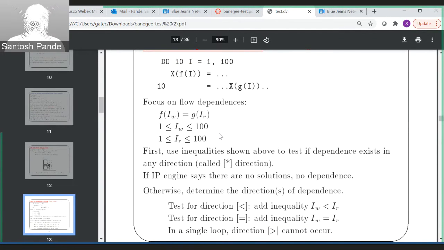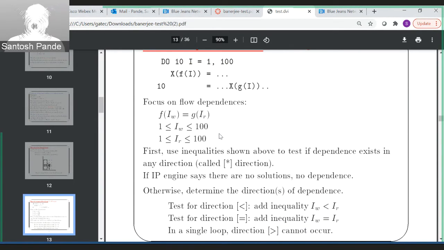But now if we are interested, let's say, in the less than direction only, for whatever reasons, then we will add an additional constraint that tells me if there is a dependence or not when iw is less than ir. That is, the iteration which does the write is less than the iteration which does the read.